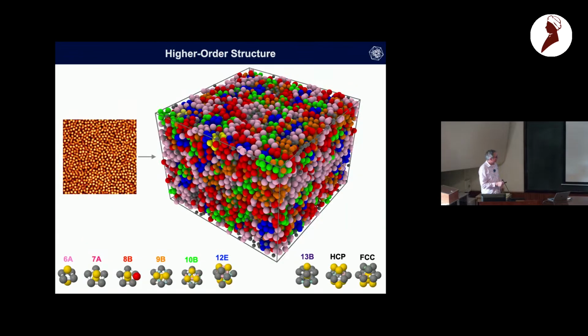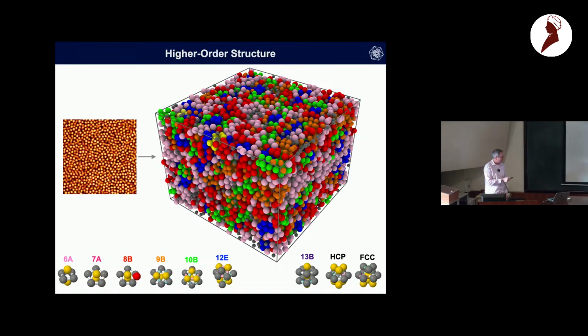But then we take some coordinates like these, and we look for structures that have the same bond topology. So the pink here is these octahedra, and the green are these defective icosahedra, and so on. And the red are these pentagonal bipyramids with another particle stuck on.